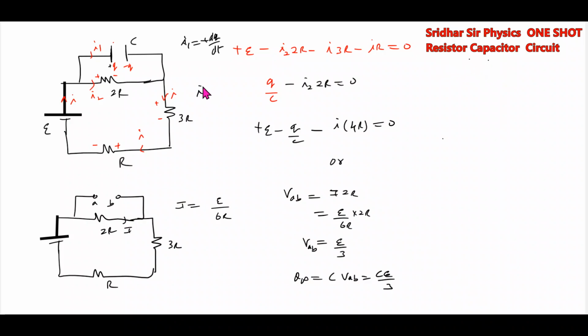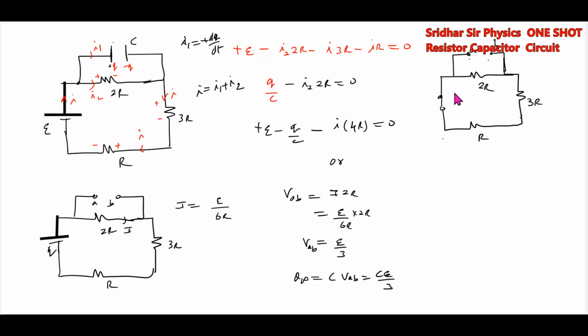I is equal to I1 plus I2, applying KCL at this point. Now, how to calculate the time constant of the circuit: where the cell is there, replace it with a short circuit. Then it will be like this. This will be R, 3R, 2R.